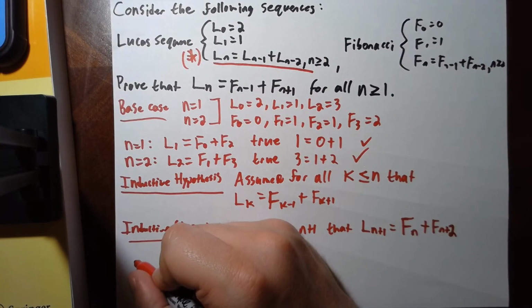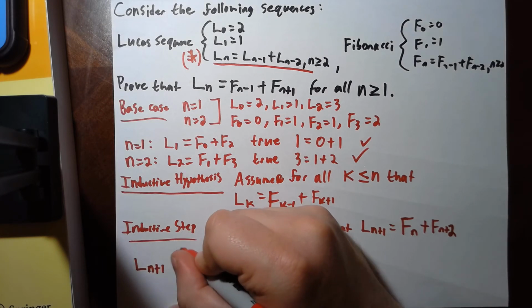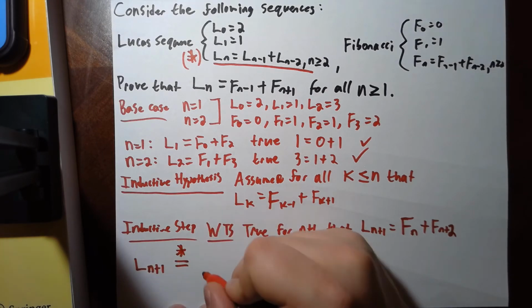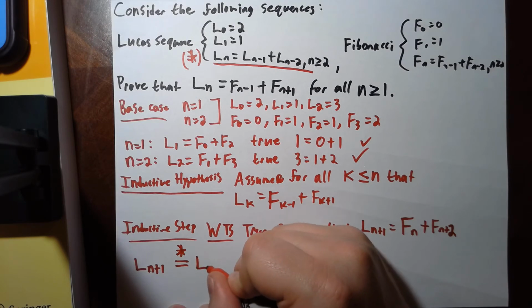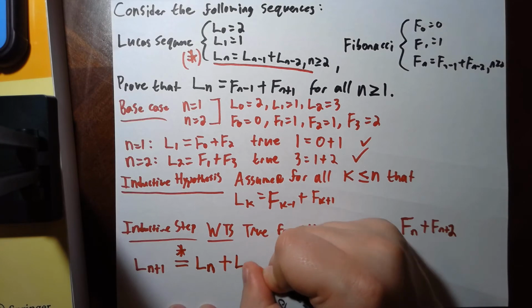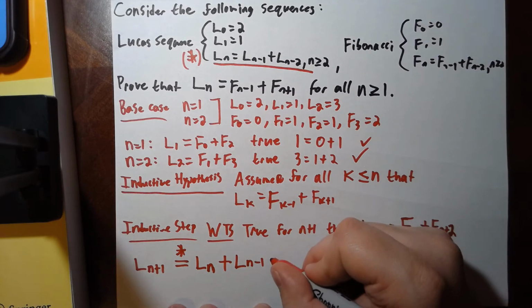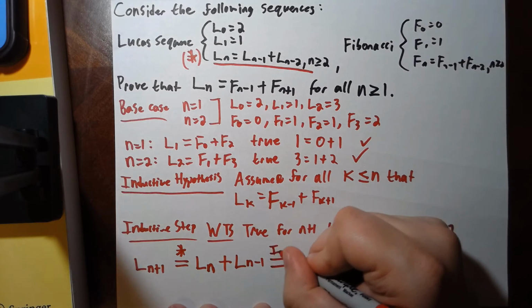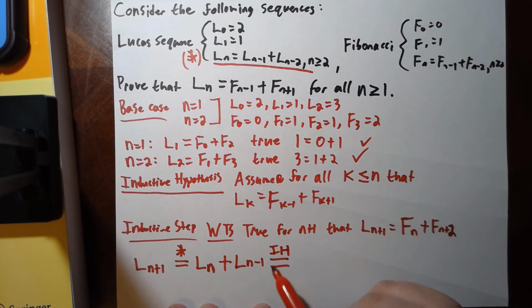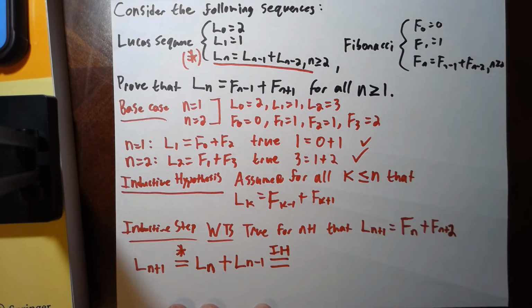So I have that L of n plus 1 is equal to, this is by star, L of n plus L of n minus 1. Okay? Now we're going to use our inductive hypothesis. This is equal by the inductive hypothesis, and this is why we have to assume for all k less than or equal to n, because n minus 1 is in that range.